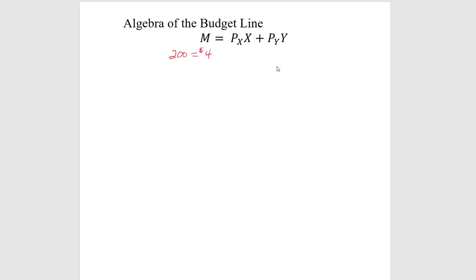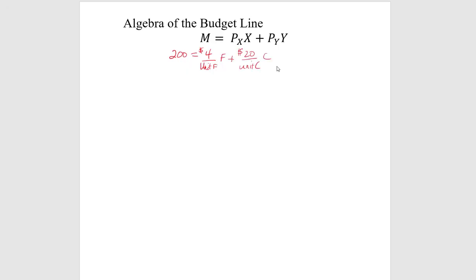So I'm going to write this with the units and everything, just because I think it could be illustrative for those of you that are math geeks like me and you like to see things like this. That price of X is $4 per unit of F times the number of units of F, plus the price of Y, which was $20 per unit of clothing times the number of units of clothing.